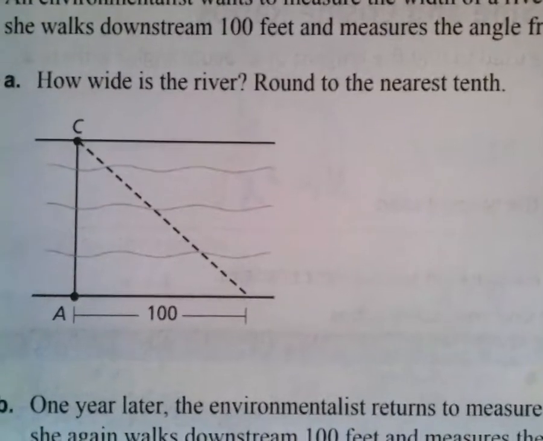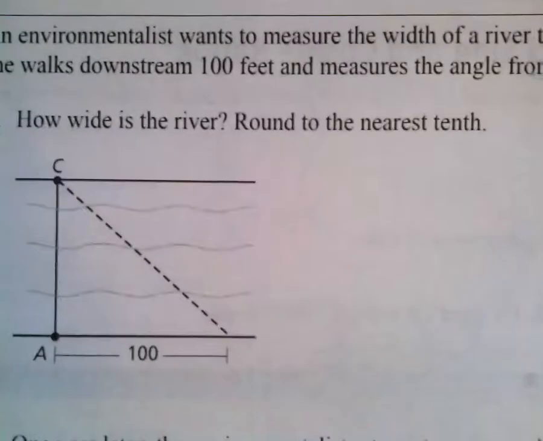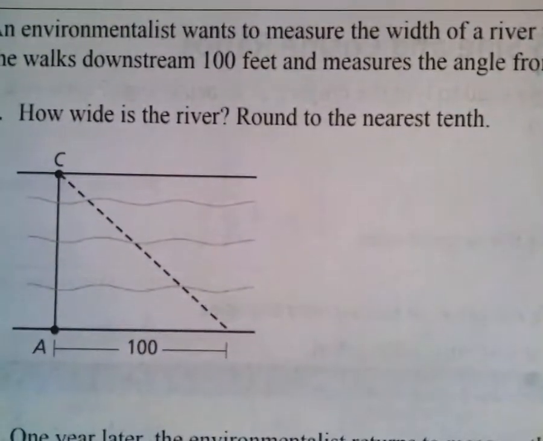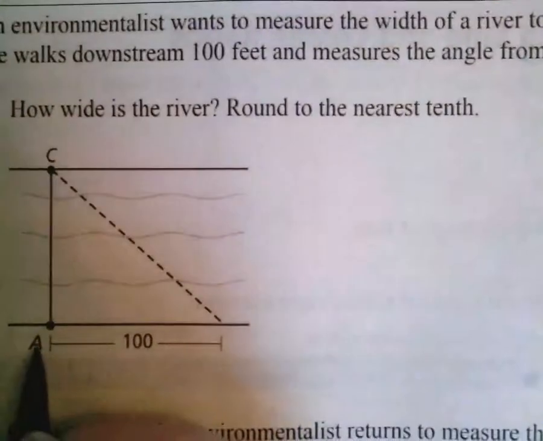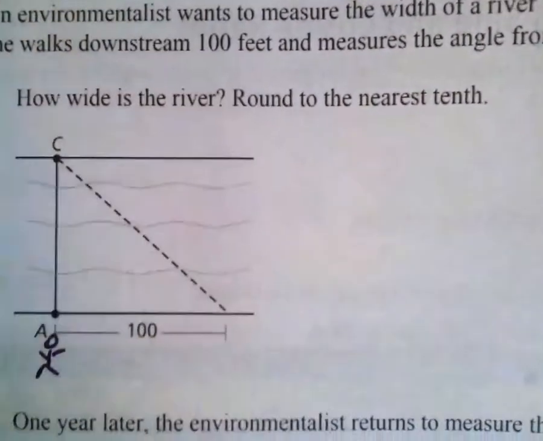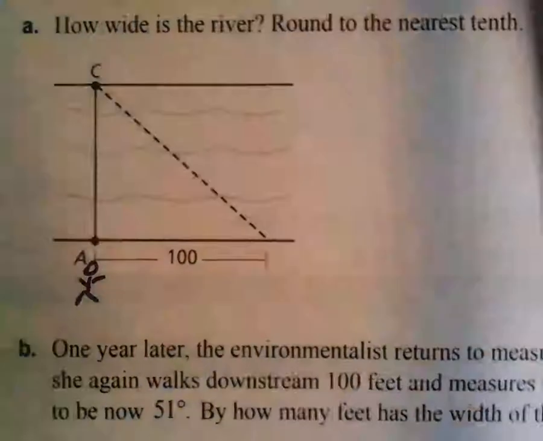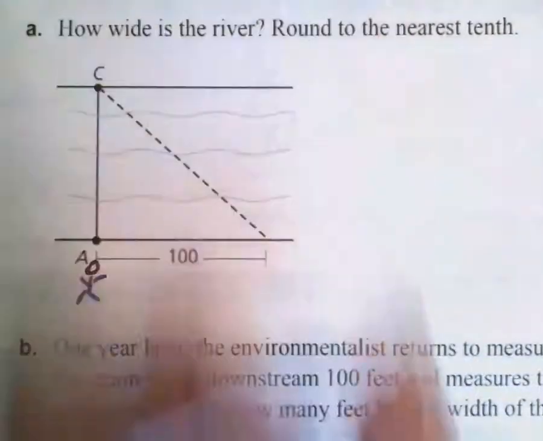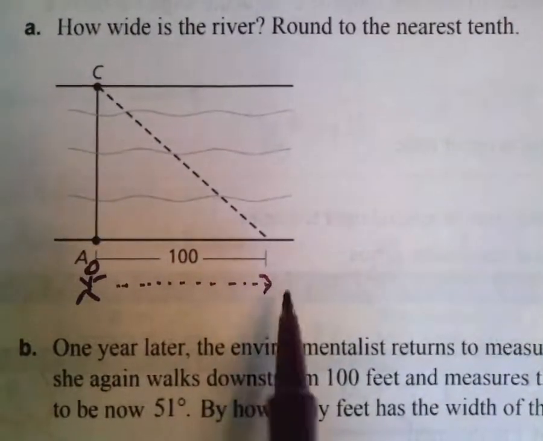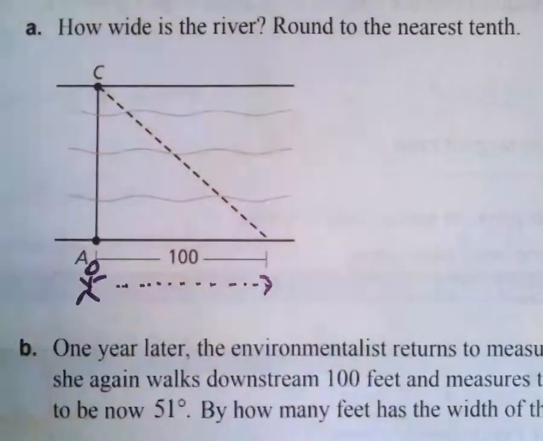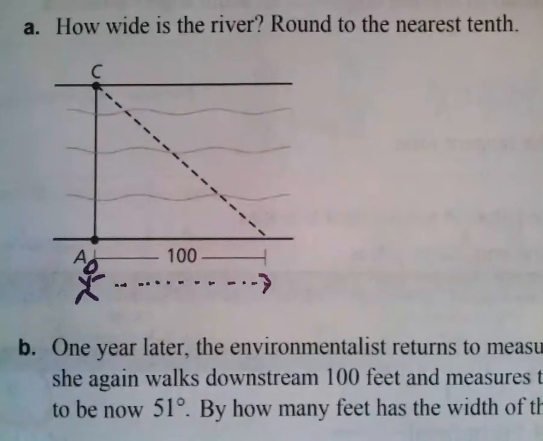So, an environmentalist wants to measure the width of a river to monitor its erosion from the point she walks downstream. So she starts out at point A, right? And she walks downstream this way, 100, I think it's meters, isn't it?